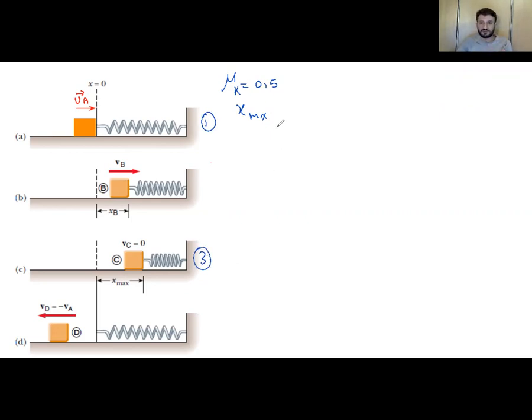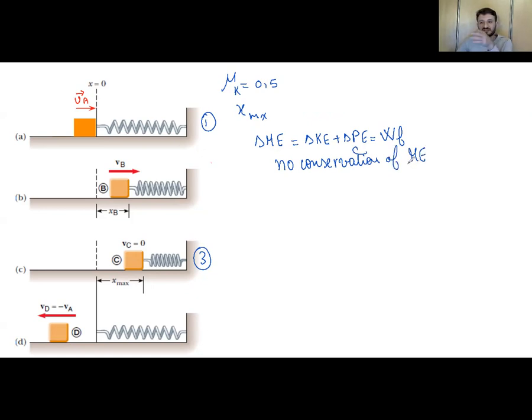But here, be careful. We have delta mechanical energy equals delta kinetic plus delta potential equals work of F. Here we have friction F, so we don't have conservation of mechanical energy.